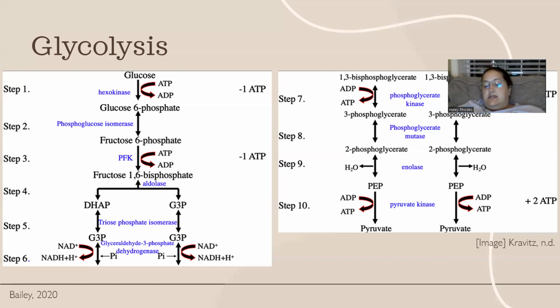Secondly, in step 6, it adds a phosphate group to G3P, forming 1,3-bisphosphoglycerate, or BPG.